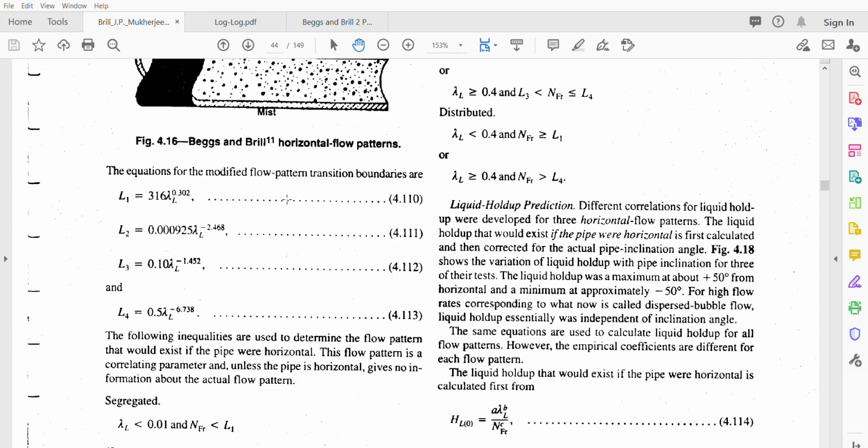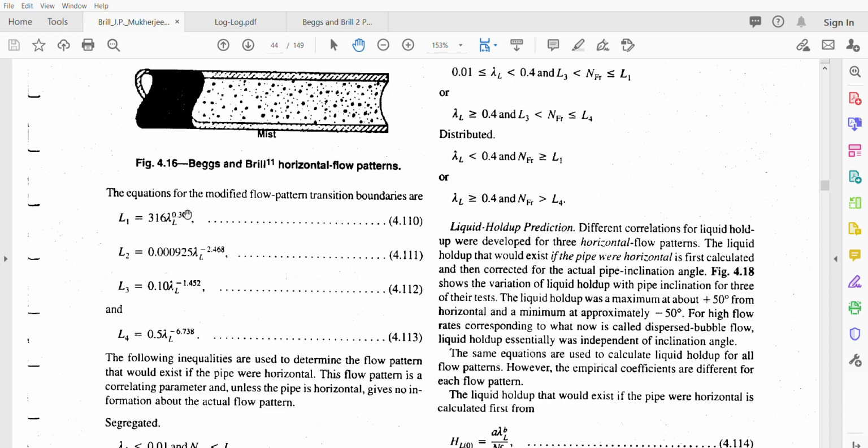That is supposed to be the notation, but to simplify, Beggs and Brill use L1, L2, L3, and L4 as the notation for those lines.